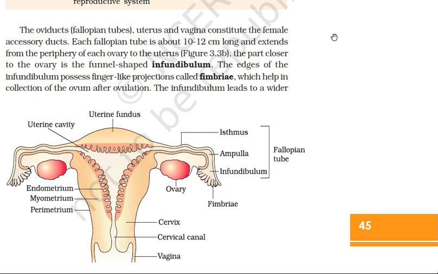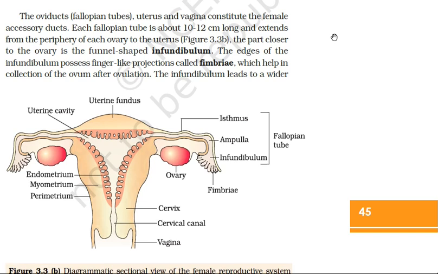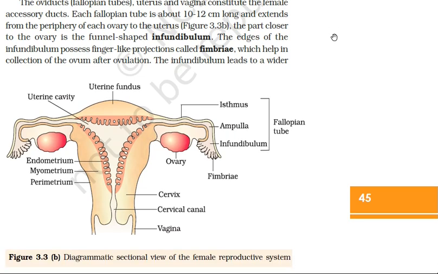The germinal epithelium gives rise to ovarian follicle cells in various stages of their development. So there will be many types of follicle cells formed inside the ovary.